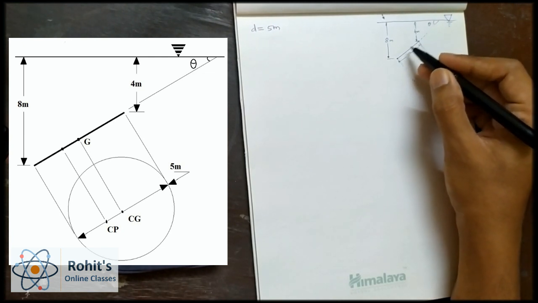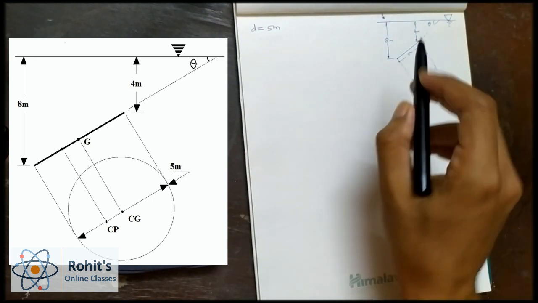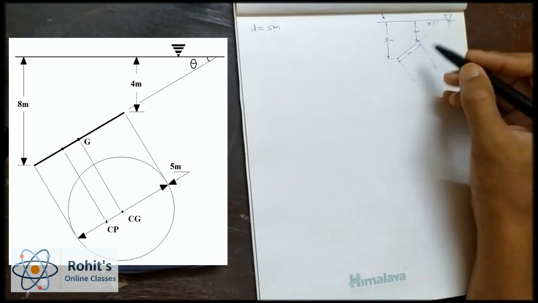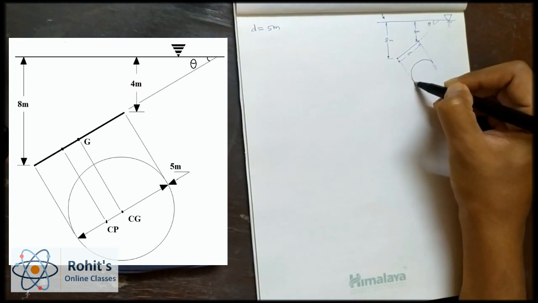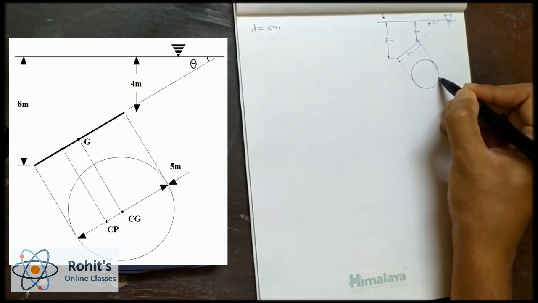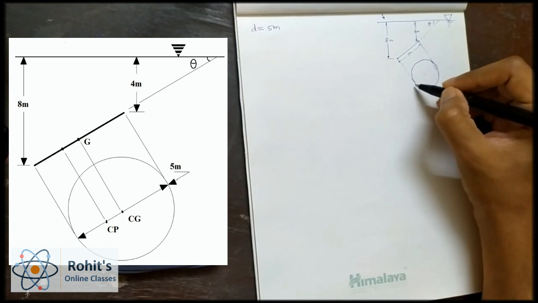We are only able to see one line. But if we see this object from the free surface of water, then we will be able to guess its shape. So what is the shape of this plate? The plate is circular, which is given in the problem.